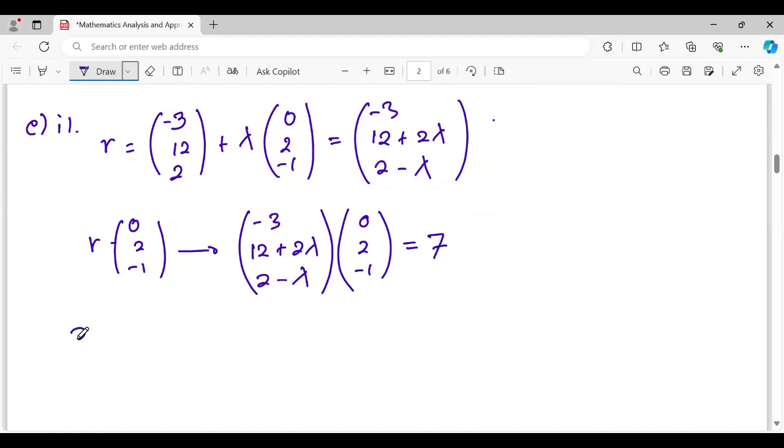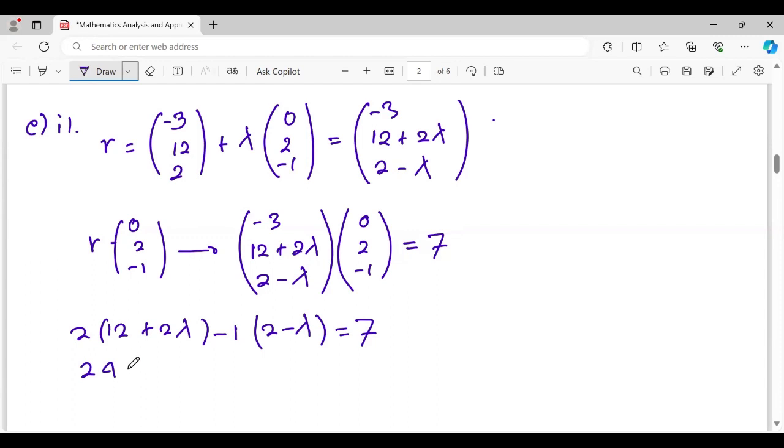It means 2 times (12 + 2 lambda) minus 1 times (2 - lambda) equals 7.